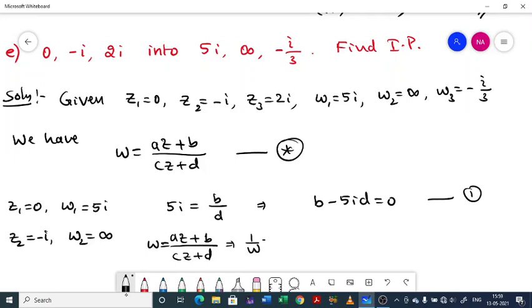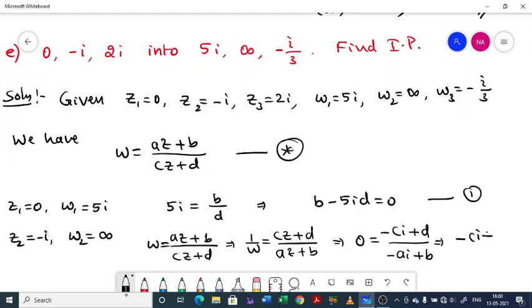So 1 by w equal to (cz plus d) divided by (az plus b). Now substituting, we will be having 0 equal to (minus ci plus d) divided by (minus ai plus b). So it is minus ci plus d equal to 0. That will be equation 2.